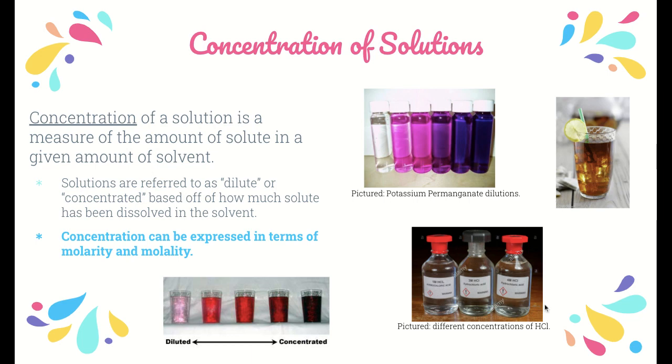This one down here shows you different concentrations of hydrochloric acid. It's kind of hard to see in this picture, but you can see that this one's a 1 molar solution of hydrochloric acid. This one I believe is 3, and this one looks like it says 4. So as you go up, this one is 4 times as concentrated as the first one.